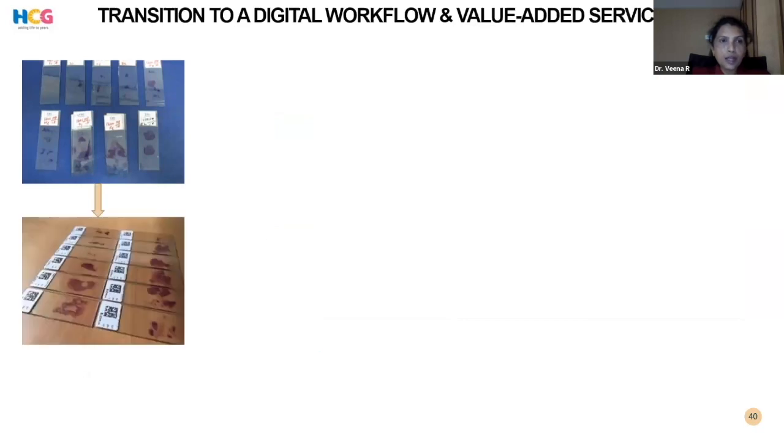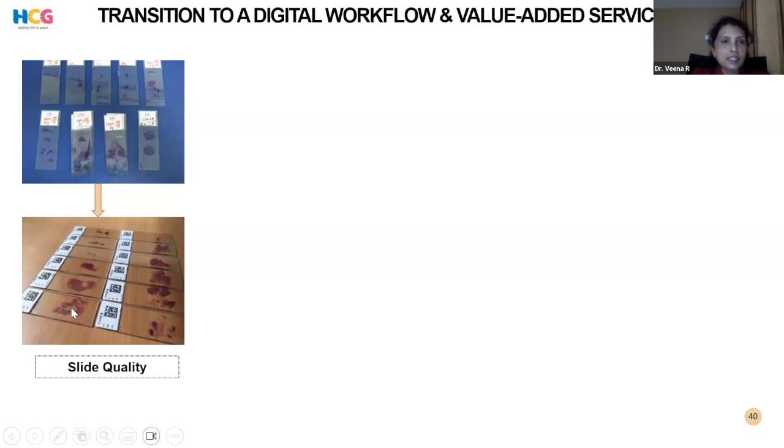So these are the other value-added services that digital pathology has brought in our hospital. If you look at the top image, this was the quality of slides that we had: the DPX sticking all over, cover slip outside the slides, handwritten labels, and tissue spread all over, very uneven tissues. All these are addressed with an improvement in the workflow.